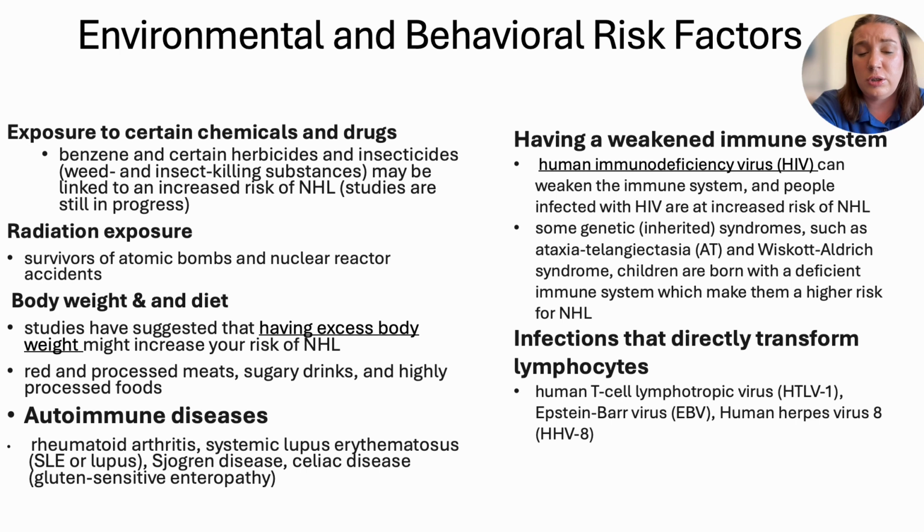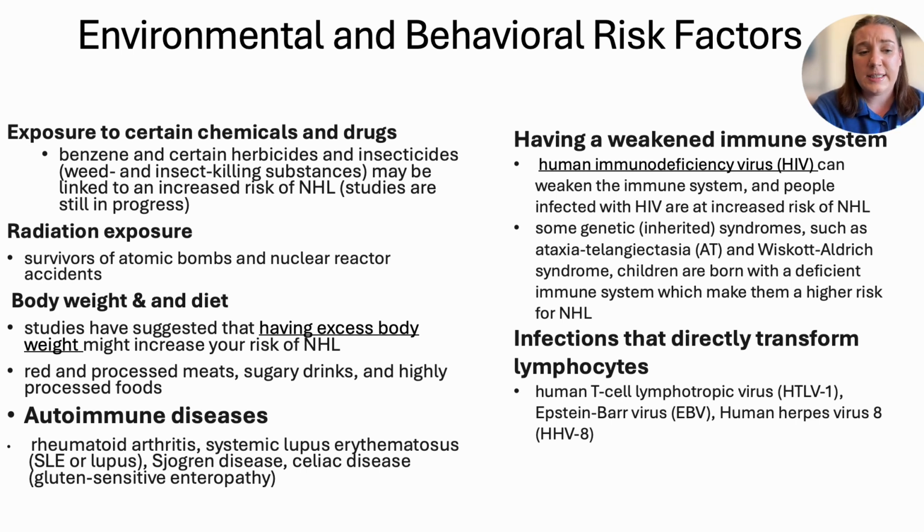Radiation exposure, so if someone was exposed to like an atomic bomb or a nuclear reactor, you're definitely at a higher risk. Body weight and diet take into account as well. If you have excess body weight, you're eating lots of red and processed meat, sugary drinks, lots of processed foods, these could also be a risk factor for lymphoma.